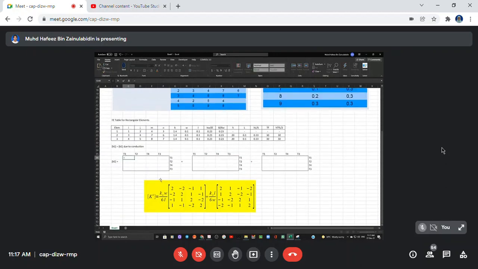This part equals KW divided by 6L multiplied by 2, this one times 2, this one times minus 2, this one times minus 1, minus that, here times 1, minus 2 there, 2 here, 1, minus 1.